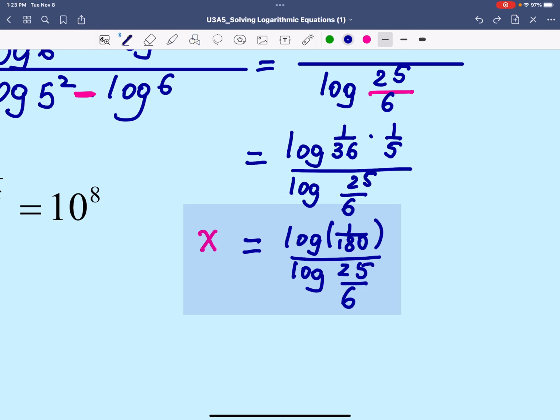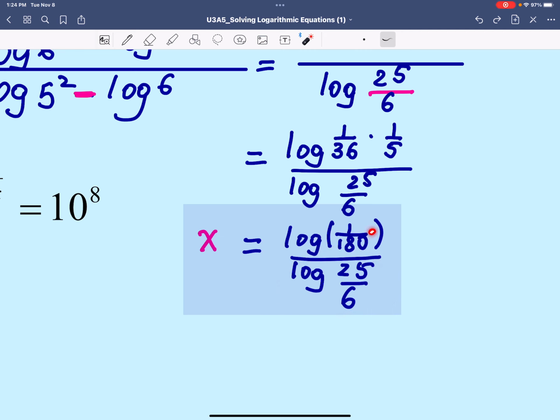And if you want to find the approximate answer, what you want to do is just simply use the calculator for it. Now, keep in mind that when you use the calculator, you gotta actually put this in brackets, otherwise the 1 over 180 will divide the log instead of the entire expression, right?